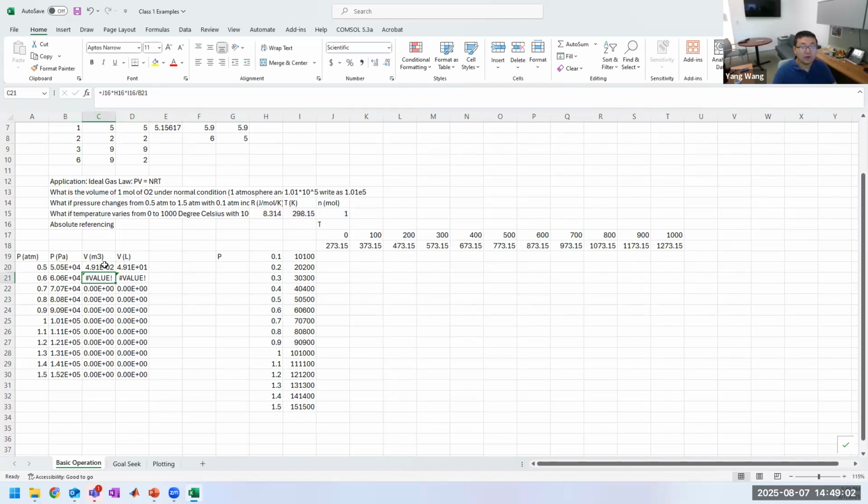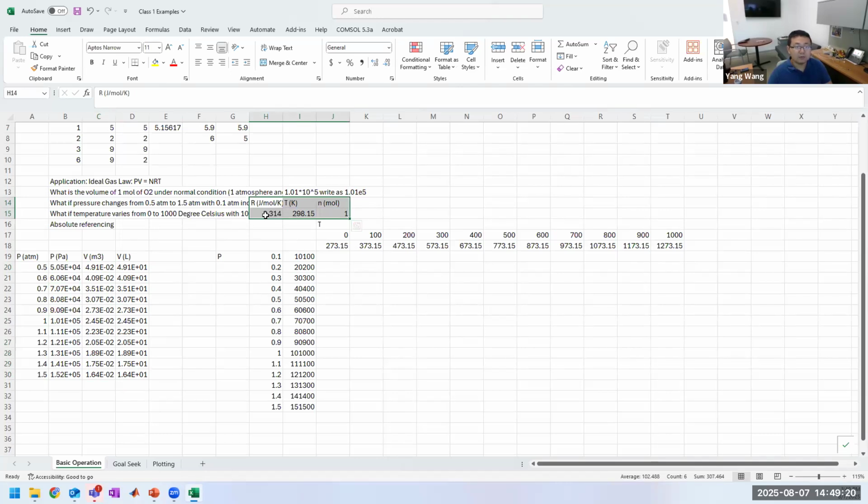Now you have this function, and if you drag it down, it's going to use the same value over here. That's the absolute reference you can use to do the calculation, and it will make your spreadsheet more concise.